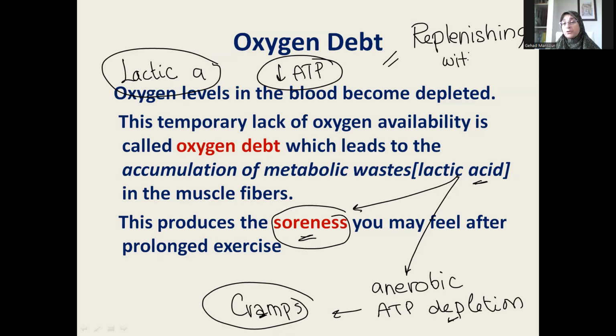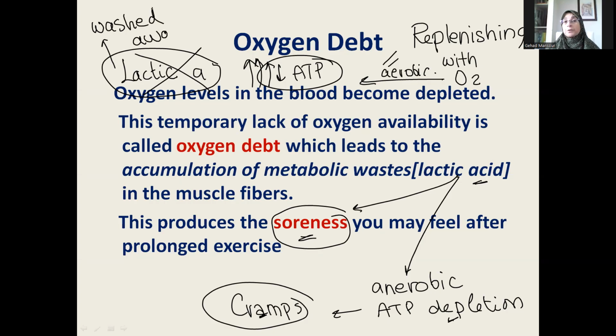If you replenish your muscle cells with oxygen, then you will respire aerobically. Then you will have more and more of the ATP. So the ATP will increase once again, and no more lactic acid will be formed because you are no more respiring anaerobically. And even the rest of the lactic acid that resulted from the previous anaerobic respiration will be washed away by the blood.